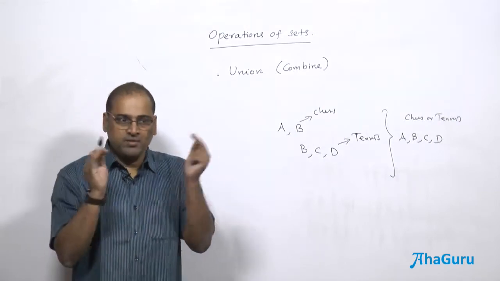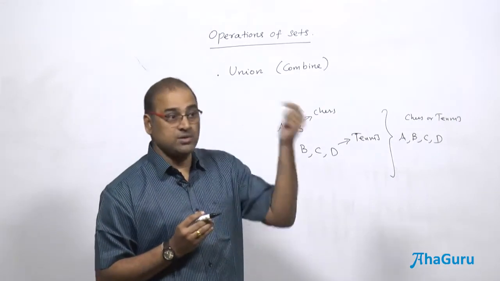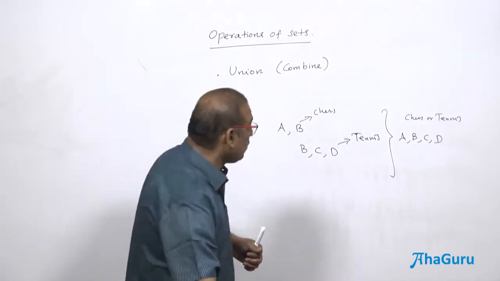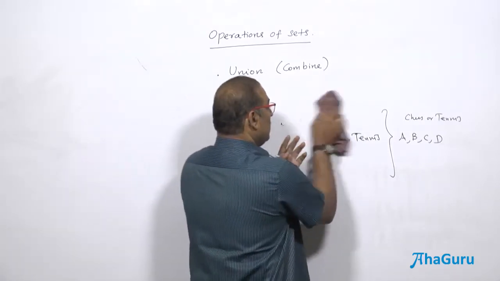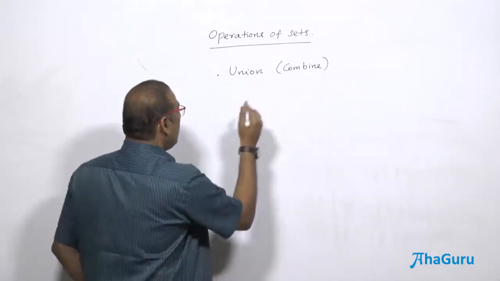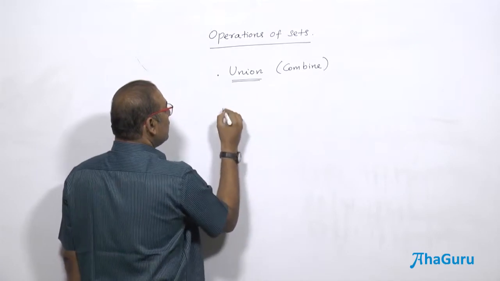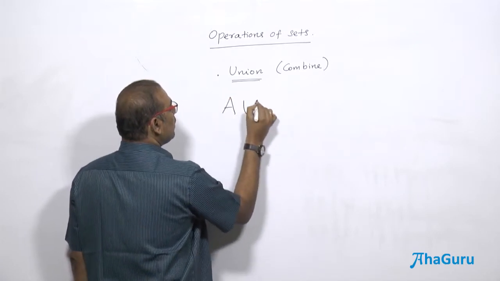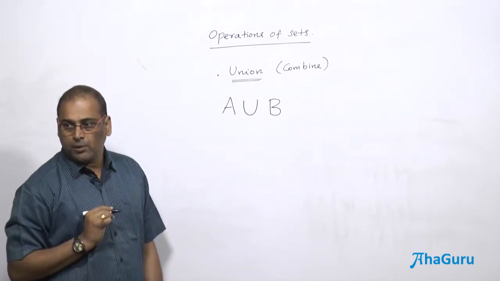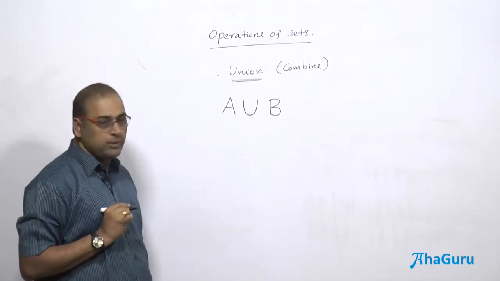And that is when you are doing it with the numbers. But actually we have to concentrate on the set, and only then on the cardinality. So therefore, the set operation comes first. Okay, this is how you represent union. You write A union B, U for union.